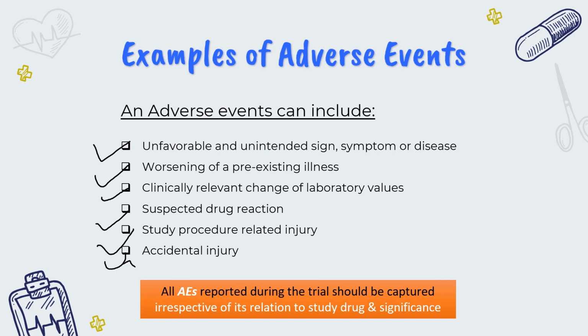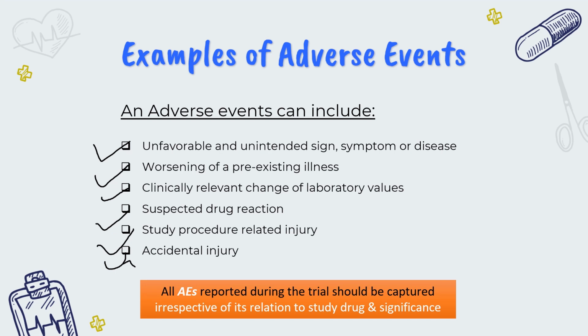And it is very important for you to understand that all adverse events should be reported in the clinical trial and captured in the source, irrespective of their relation to the study drug, and whether they are significant or not, because you do not know the causal relationship yet.